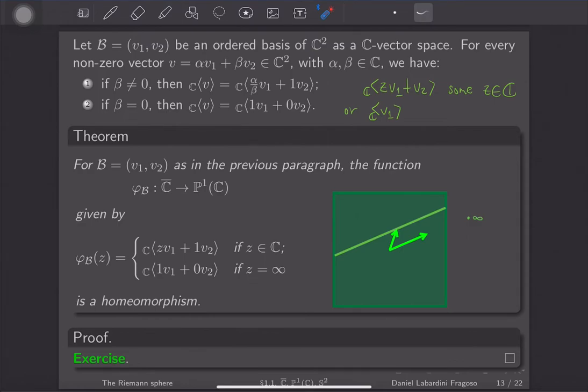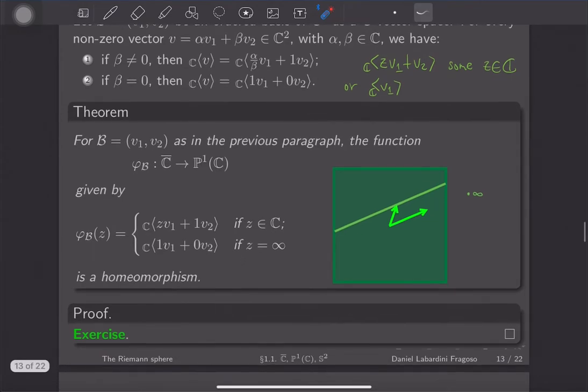Well, it's not only surjective, it is actually injective. And it turns out to be a homeomorphism between the extended complex plane, so C union infinity, and my complex projective line.